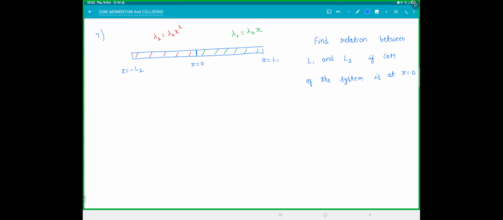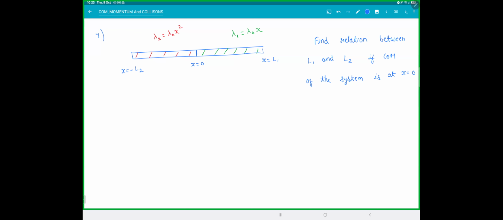Let's get this. You have taken two non-uniform rods and you welded them. And it is observed the center of mass of the two rods is at the center.